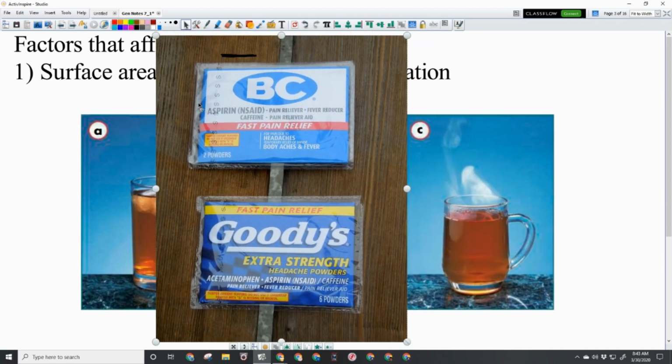There is a pain reliever called BC powder, and it works really, really quick. It says fast pain relief. That's because it is an aspirin that has been crushed up into a fine powder. It says 2 powders, and it's put in a little paper envelope, and this works so quickly because it's all crushed up.